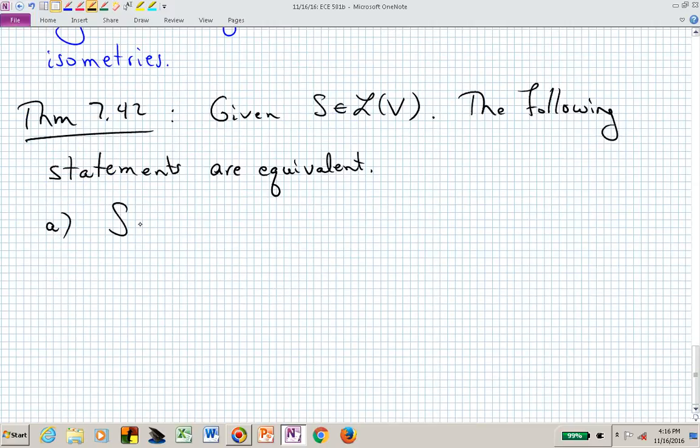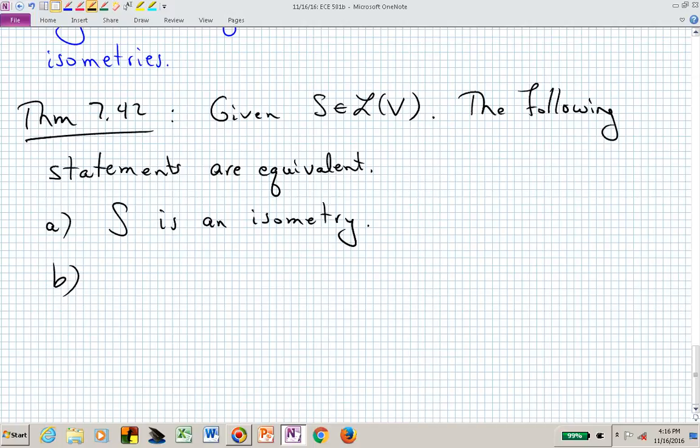A is that linear operator S is an isometry. Now if you have an operator that's an isometry, these subsequent statements are equivalent. So if you have an isometry, you also have any of these other statements.